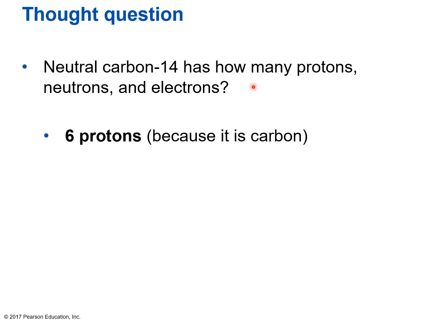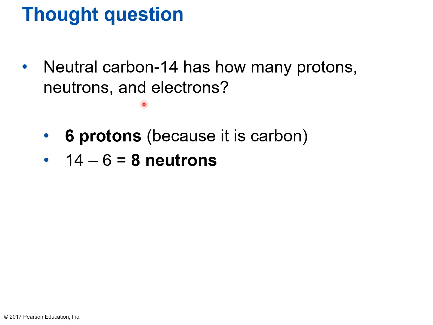because it's carbon. Now let's think about the number of neutrons. And that mass number 14 is going to give us the clue. So if there are 6 protons, and there are a total of 14 particles in the nucleus, you do the subtraction and think how many neutrons there are. Well, 14 minus 6 gives 8 neutrons.